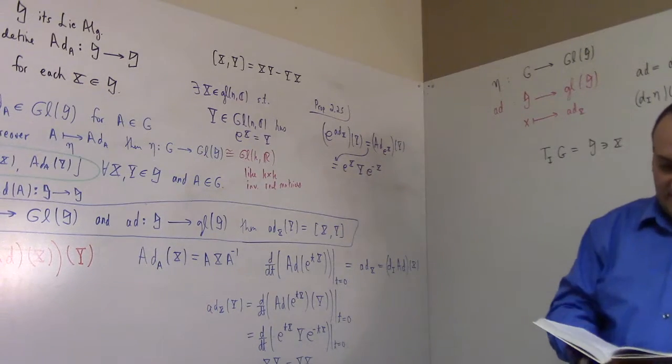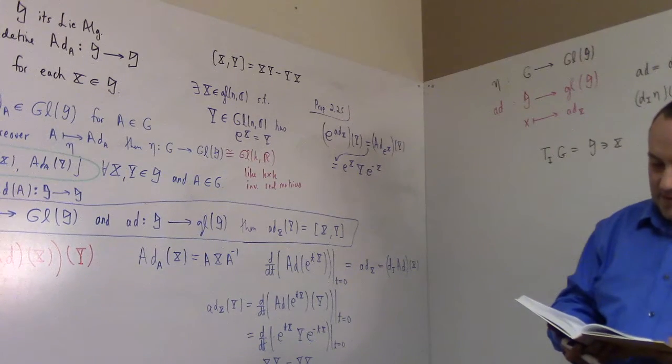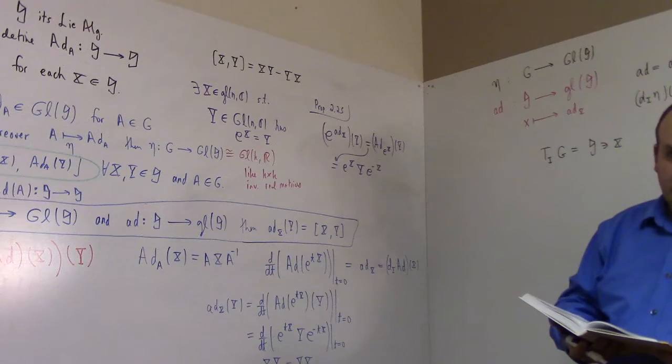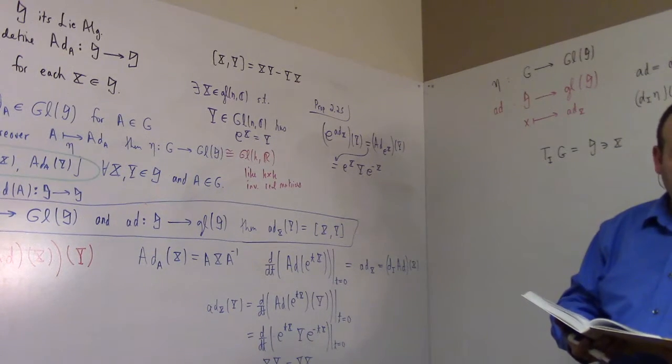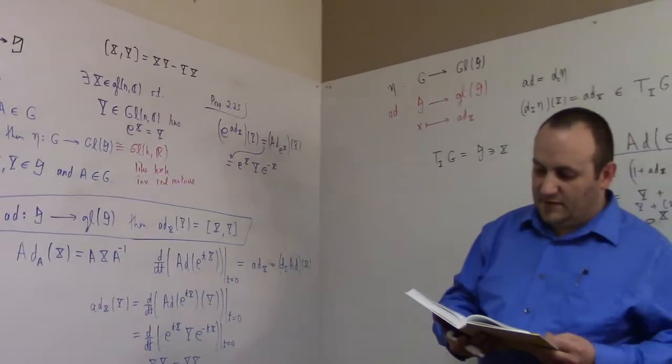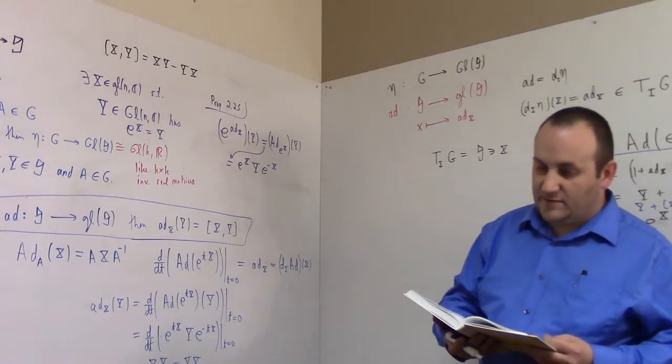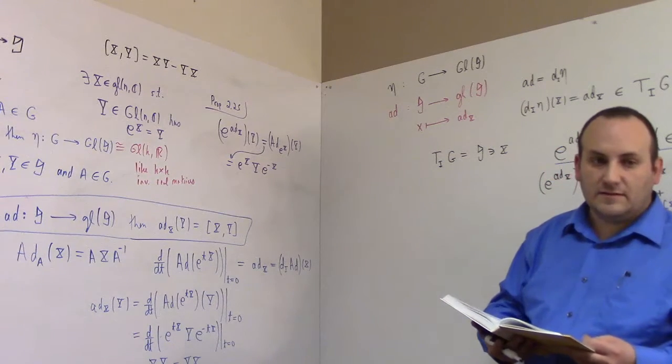He gives an example here of the matrix minus 1, 1, 0, minus 1. That is a special linear matrix, 2 by 2 over the complexes, and he explains why you can't exponentiate a traceless matrix to get it.